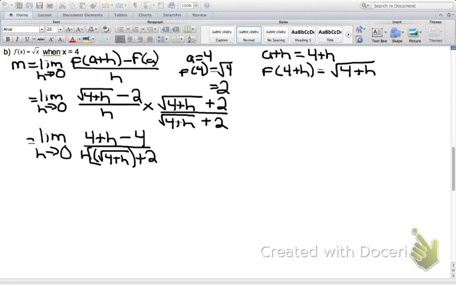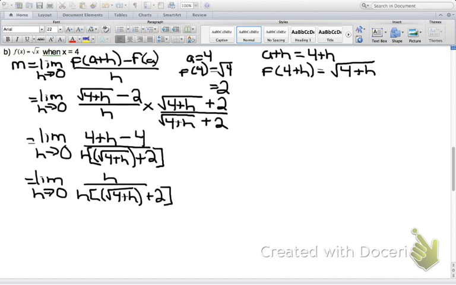And that should be in a square bracket there because h is applied to both things. So we're going to collect our like terms in our numerator position. We're just going to be left with h in the numerator and left with h times the square root of 4 plus h plus 2 in the denominator.